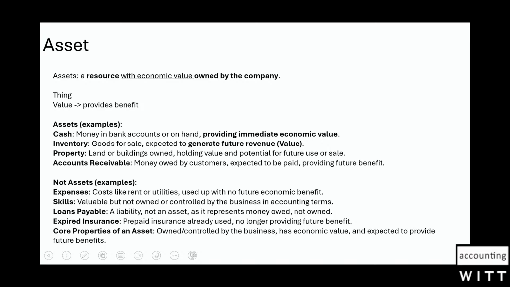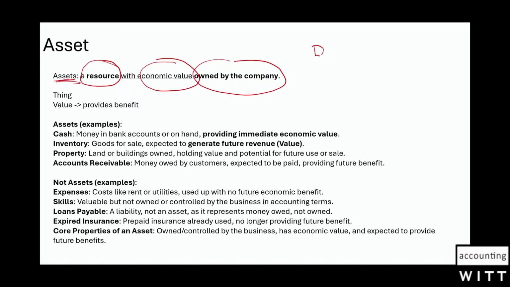So the definition in a book would be an asset is a resource with economic value owned by the company. So I'm going to make a little note to myself to be able to say, okay, what's a classic example of an asset? The classic example is cash.